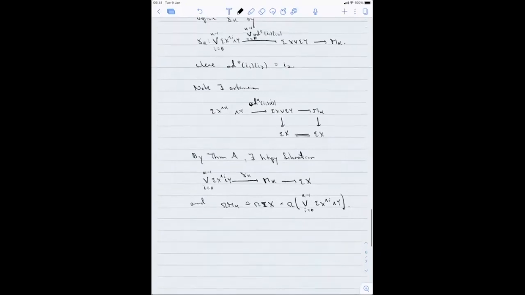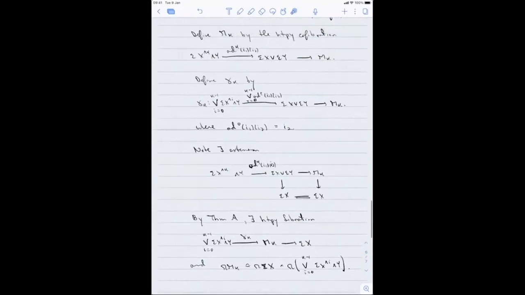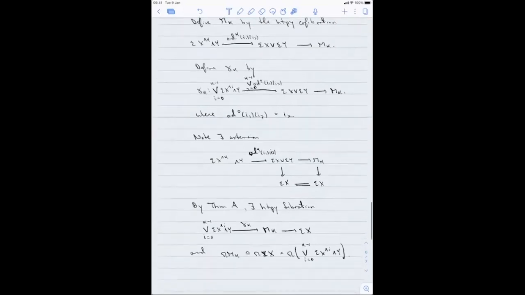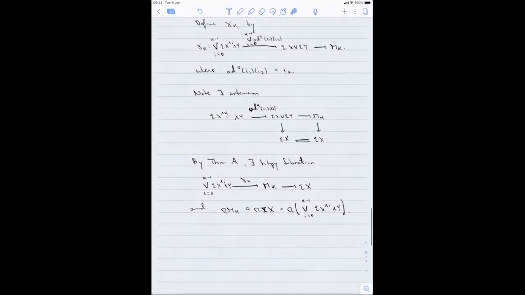So this mk is an example of a two cone because you've got a map between two suspensions and you've taken its co-fiber. You can find a decomposition for it.